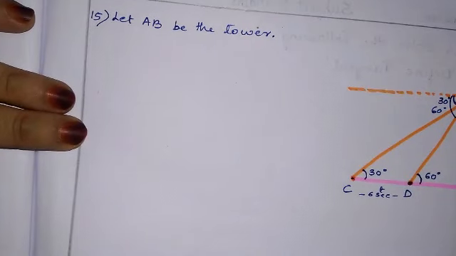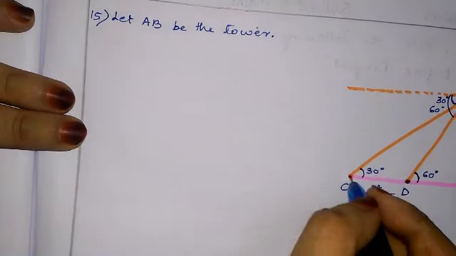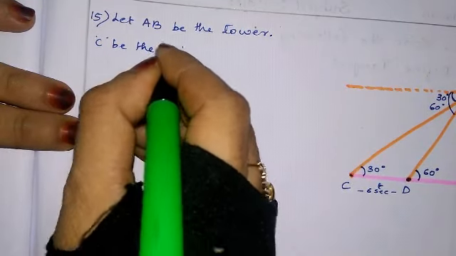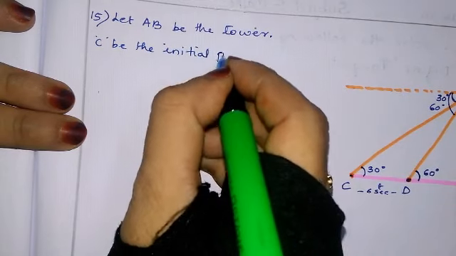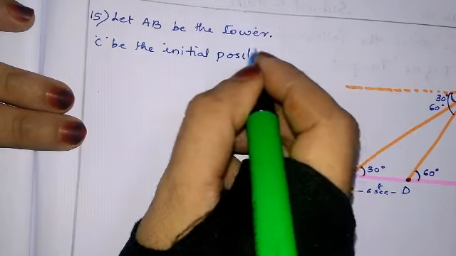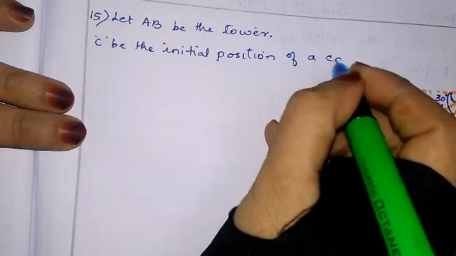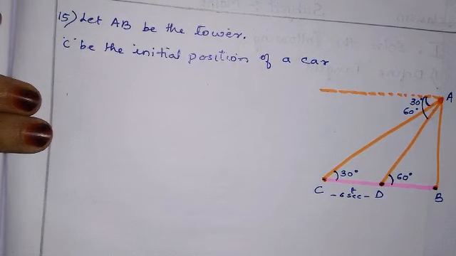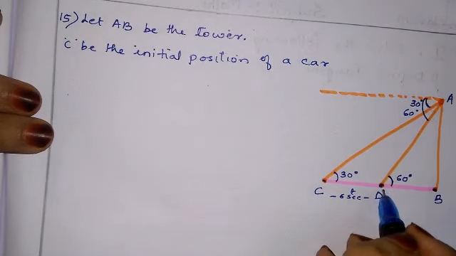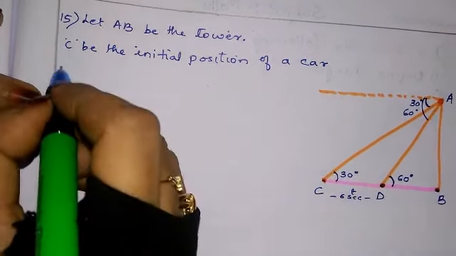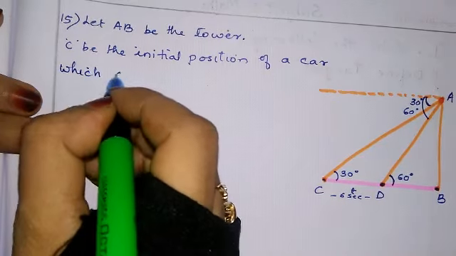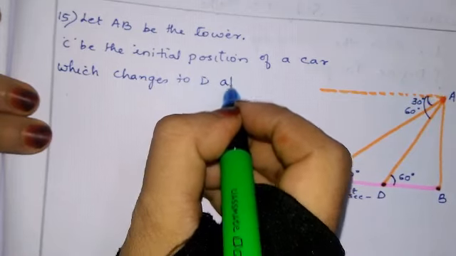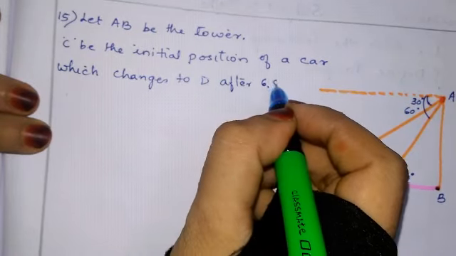C be the initial position of the car, which changes to D after 6 seconds. Okay.